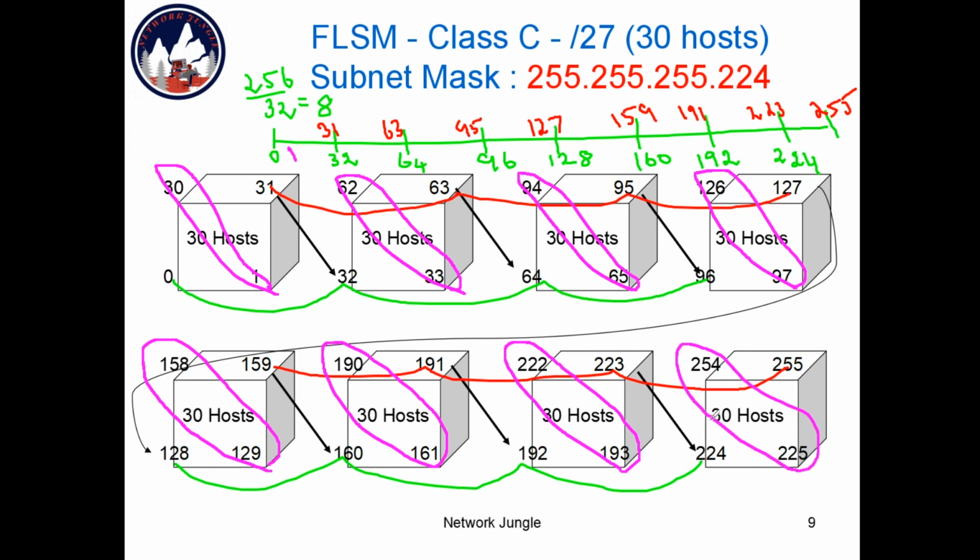So out of 256, dividing by 64 you get 4 portions, while for 30 hosts you get 8 network segments in FLSM class C.